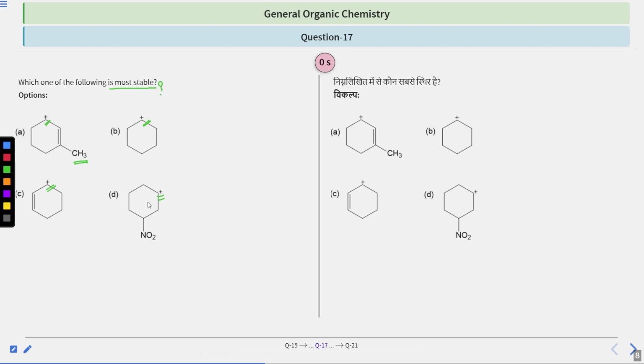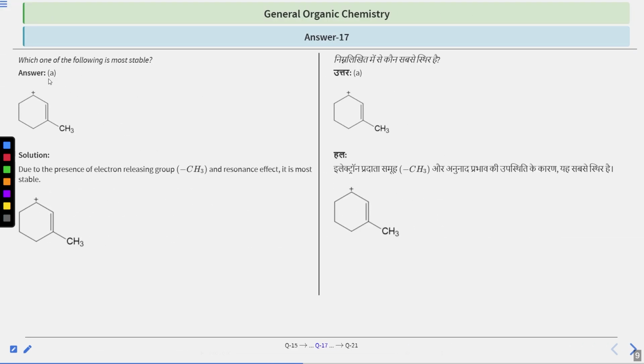Okay, let's see. So the correct answer is option A, that is this compound. This compound is the most stable of all the given options. Due to the presence of an electron releasing group or electron donating group, CH3, methyl, and the resonance effect, it is the most stable.